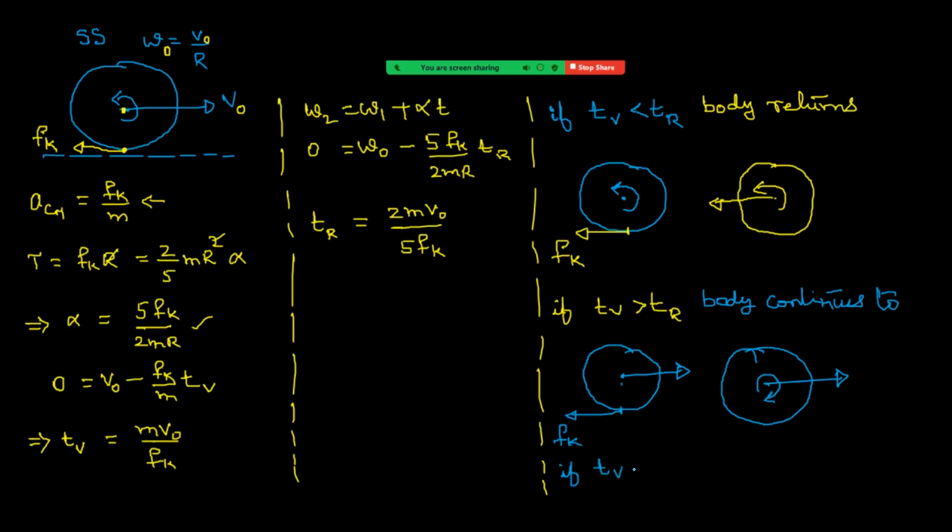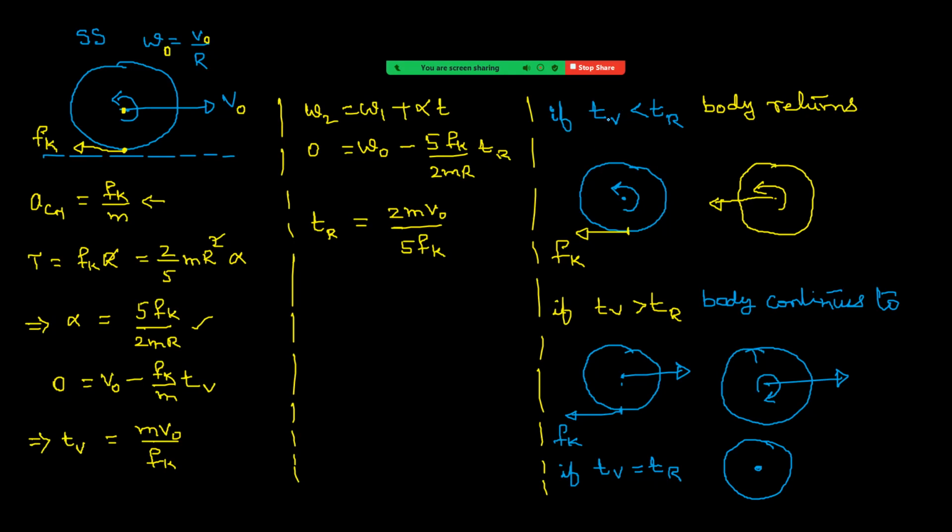Last possibility: if both are becoming zero at the same time, then for the contact point, there is no velocity. Therefore, there is no friction. That means the body comes to rest permanently. Okay. So whenever a question is given based on reverse spin or back spin, we have three possibilities, right?